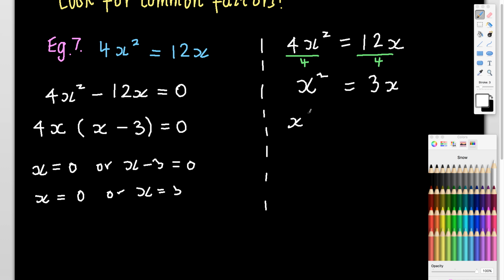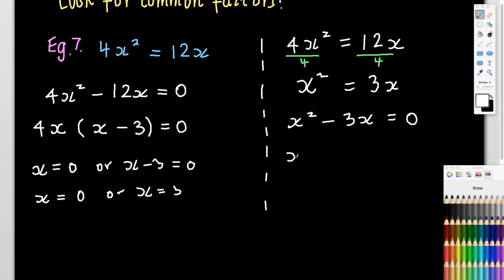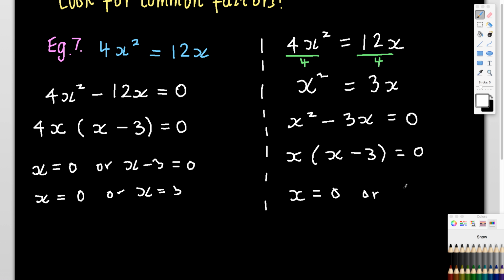Then just to make it easier, you'll see I'm going to get the same result, so it really doesn't matter too much, but it is something that sometimes just speeds up this process a little bit because you've got much nicer numbers to work with. And then I'm going to get the same result. X equals 0 or x equals 3. So I just wanted to show you that that can be done. You can divide both sides by that common factor to simplify things.